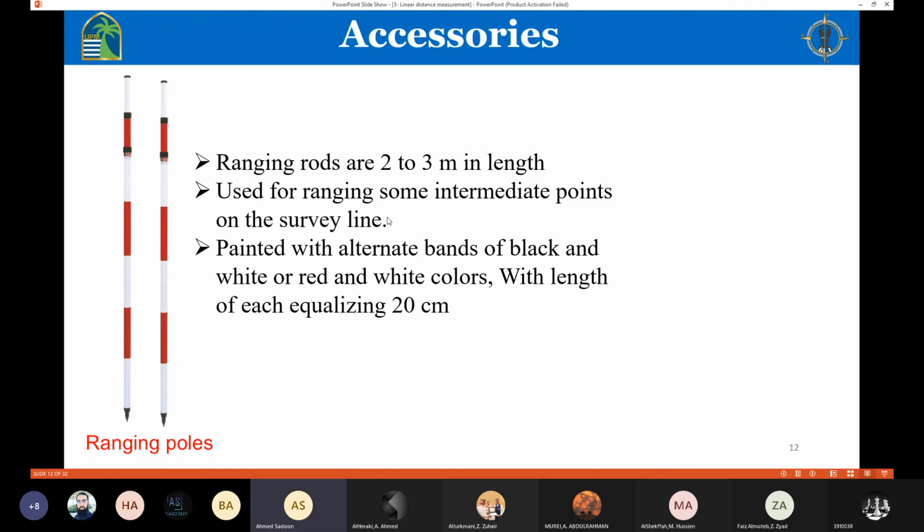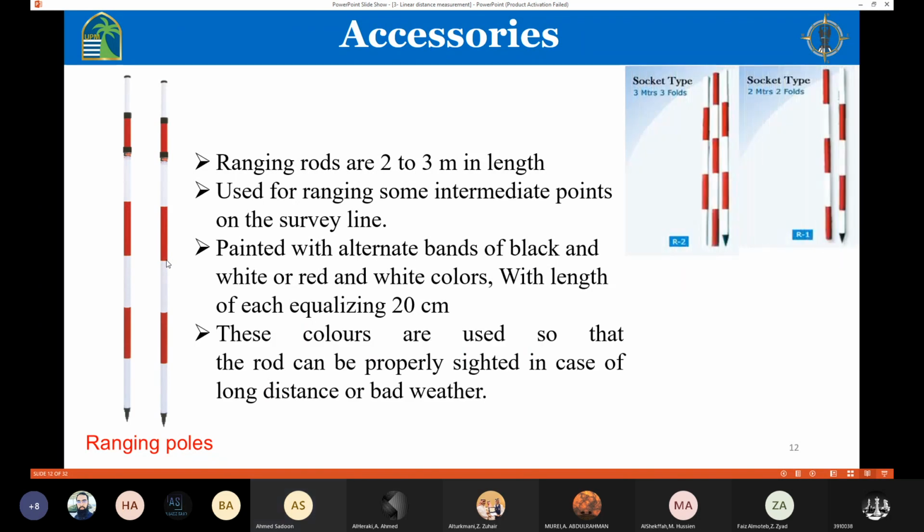They are painted with alternating bands, either black and white or red and white colors. And the length of each band is 20 centimeters. So this one 20, 20, and so on. Why do we do that? These colors are used so that the pole can be properly sighted in case of long distance or bad weather.